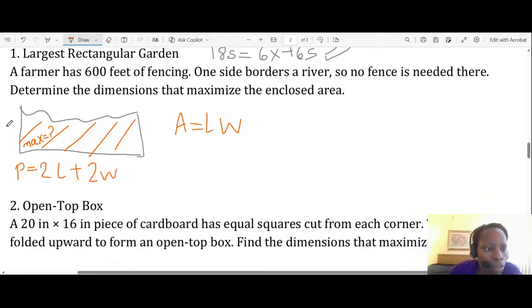But if we say this is the length and this is the width, we only have one width that we need. So the perimeter is actually just 2L plus W in this exercise.